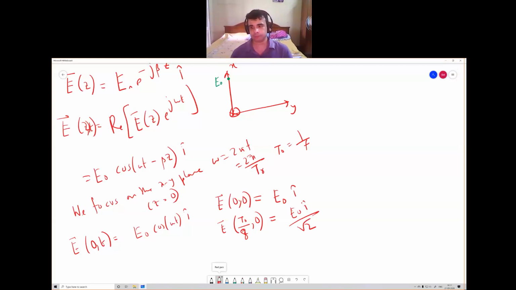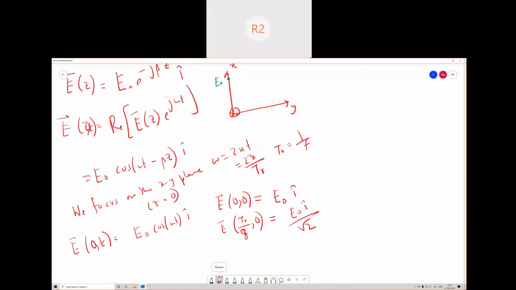Do you agree with this? If t is equal to t naught by 8, then this becomes this value. Can you please repeat this part? Yes, sure.